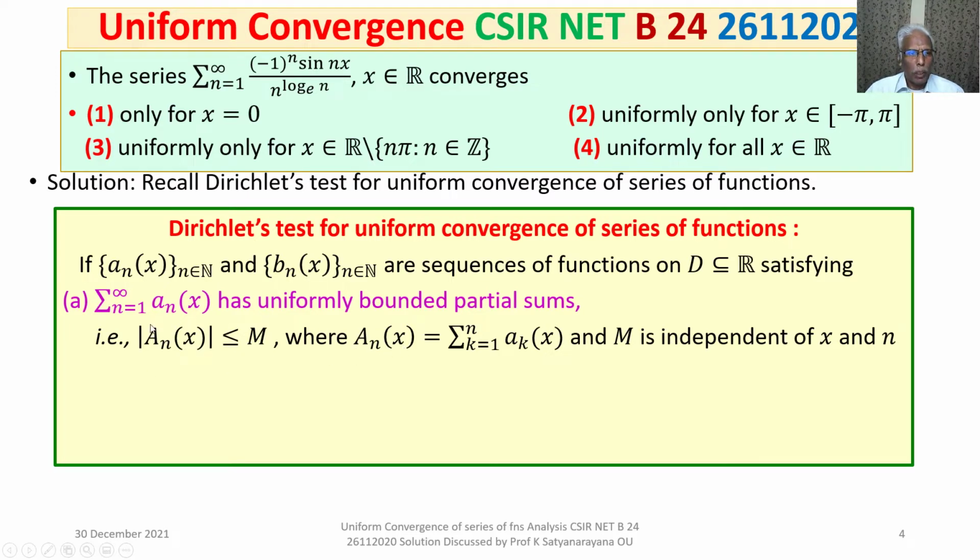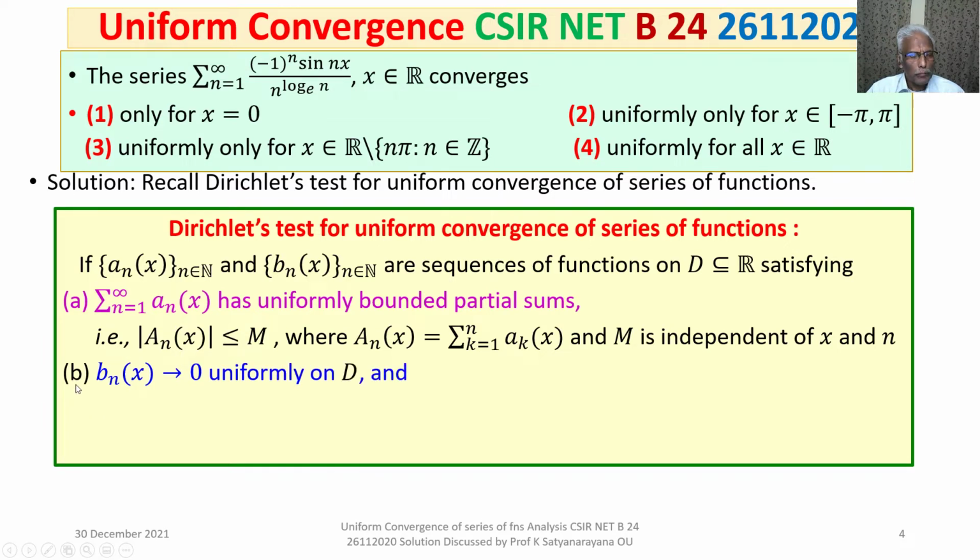And mod of capital A_n(x) is less than or equal to M, and M is independent of x and n. Then the given series sigma a_n(x) has uniformly bounded partial sums. Mod of that is less than or equal to M, which is valid for all x and n, and that will tell you the uniform boundedness.